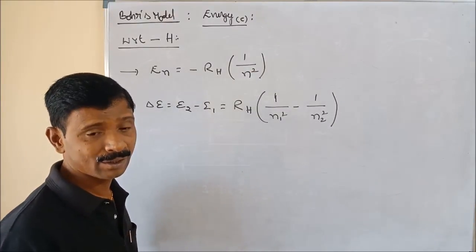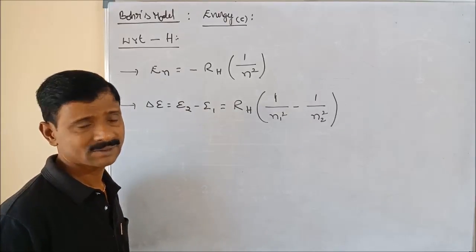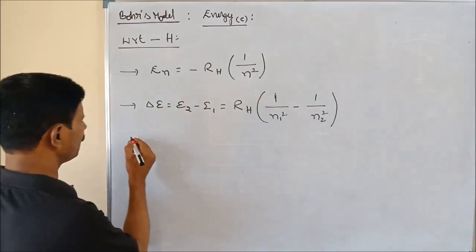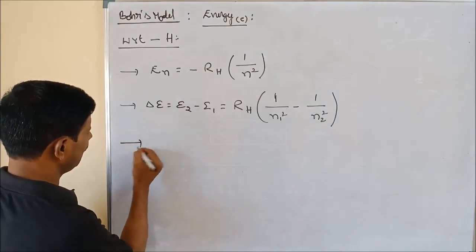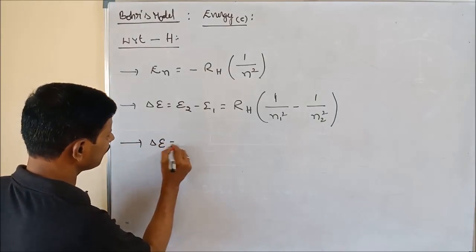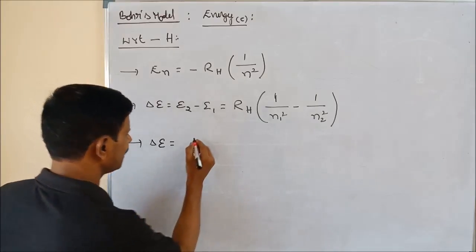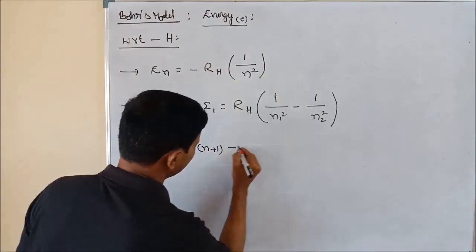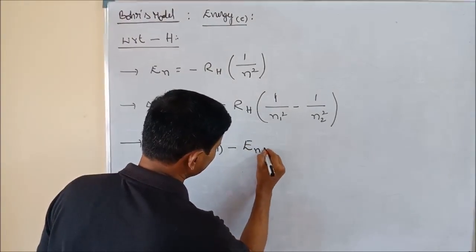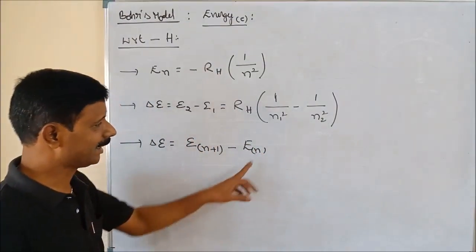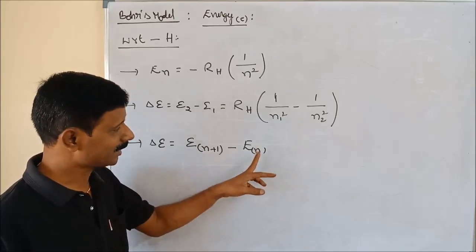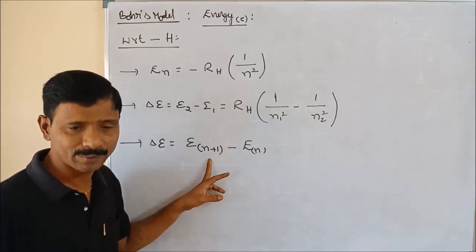And here we are having one more formula. That means in electron volts, what about this delta E? So for that, see delta E. Here we are considering two successive orbits. That means E n plus 1 minus E n. Suppose n equal to 1, n plus 1, 2 means E2 minus E1. Suppose n equal to 3, here it will be 4.